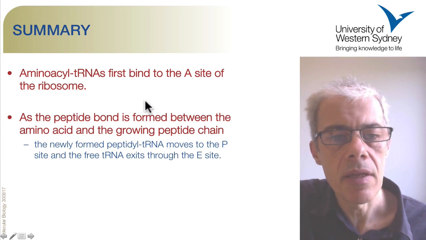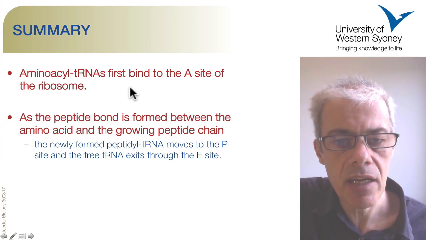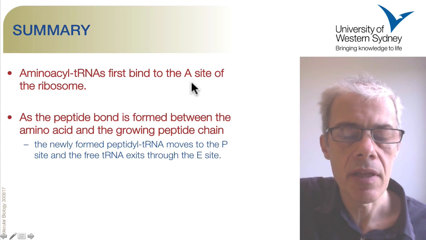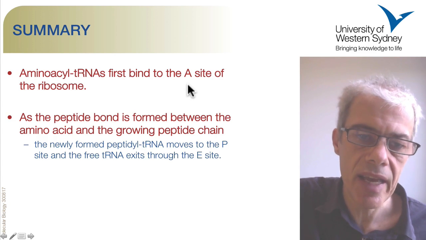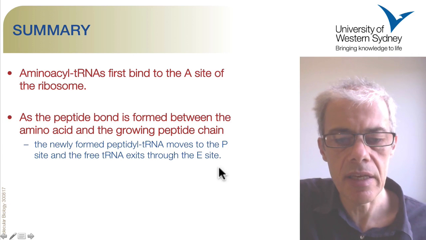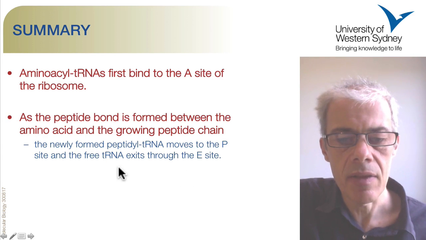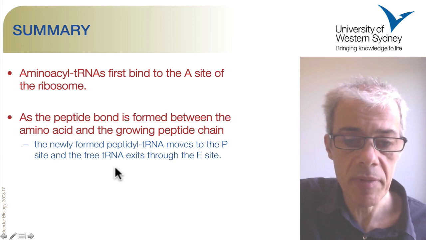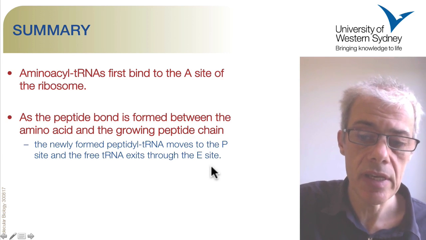In all cases, the aminoacyl transfer RNAs join the ribosome at the A site, and then peptide bond formation occurs, and then the tRNA, which now doesn't have an amino acid attached, exits through the E site.